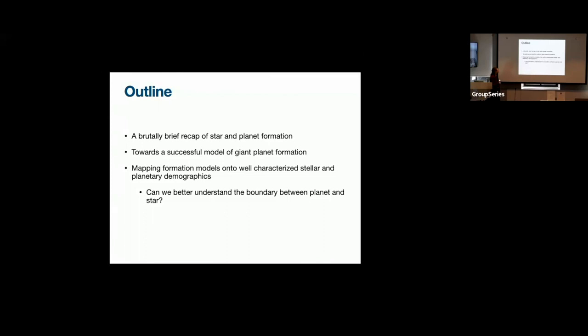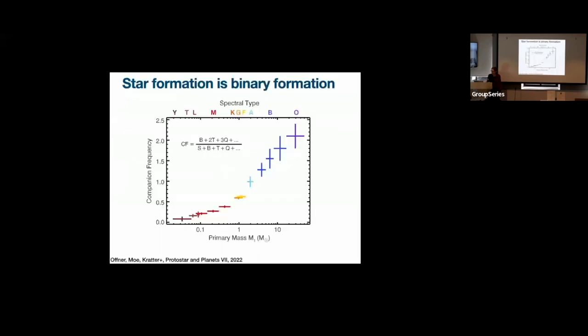And then I want to spend a little bit of time trying to map these different formation models onto now very well characterized stellar and planetary distributions that have been afforded by the last decade of really large all-sky observational surveys. And I hope at the end of the talk to convince you that maybe we can begin to better understand this boundary between planet and star formation.